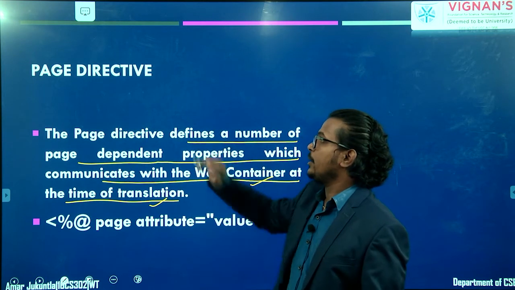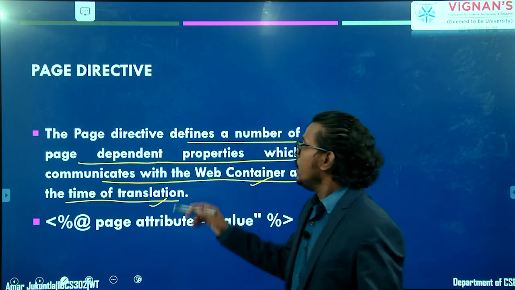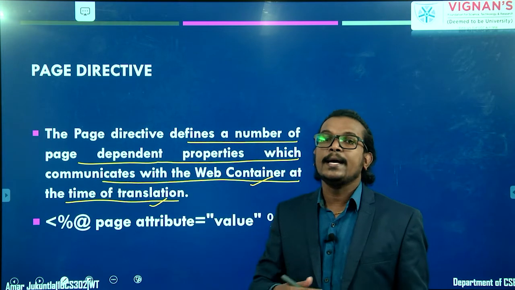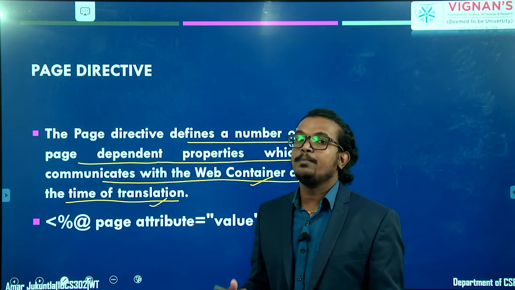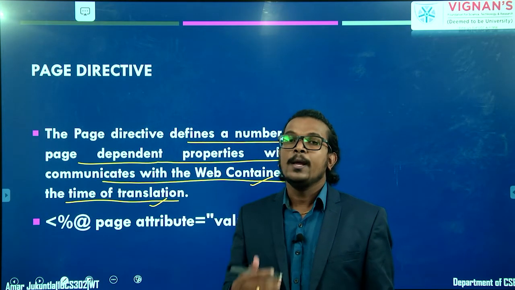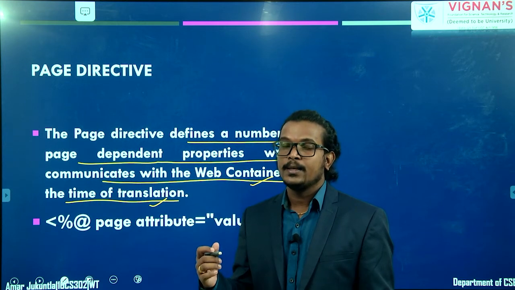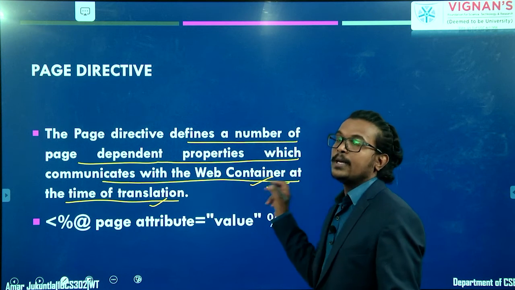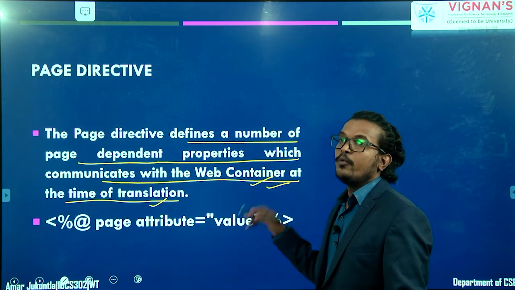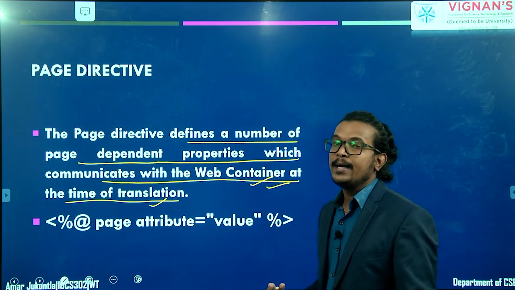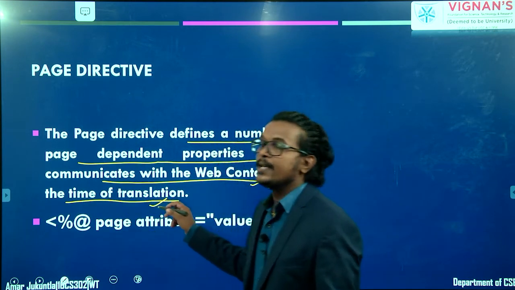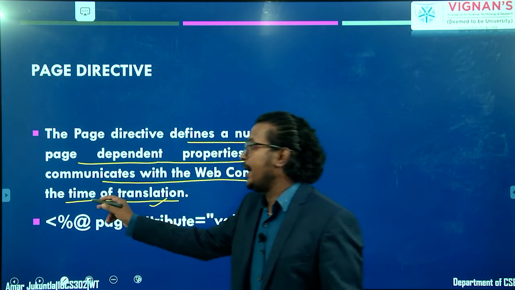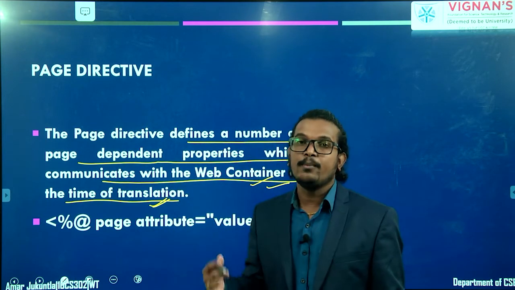So with the help of this page directive, we define a number of page dependent properties for communicating with the web container at the time of the translation.